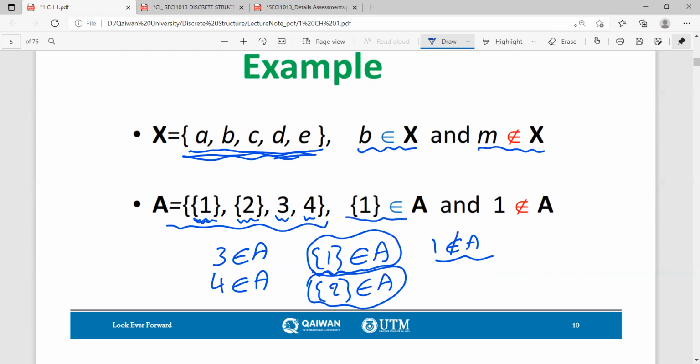And here, set {1} belongs to A, and 1 doesn't belong to A. 1 doesn't equal the set {1}. These are not equal. But we can say 1 belongs to the set {1}. Yes, it's true, because here we have only one element in the set, which is 1. We can say that.